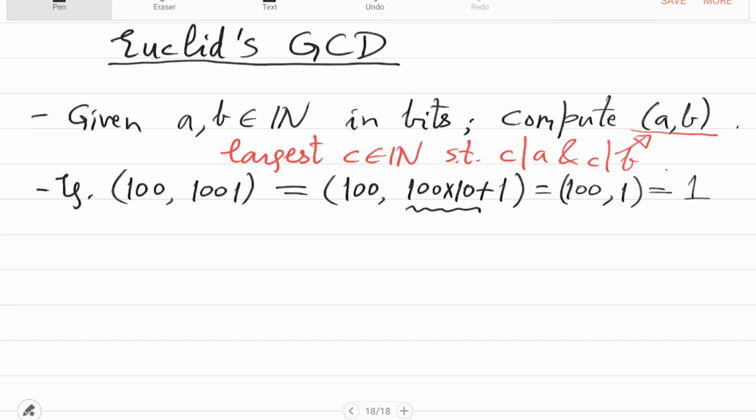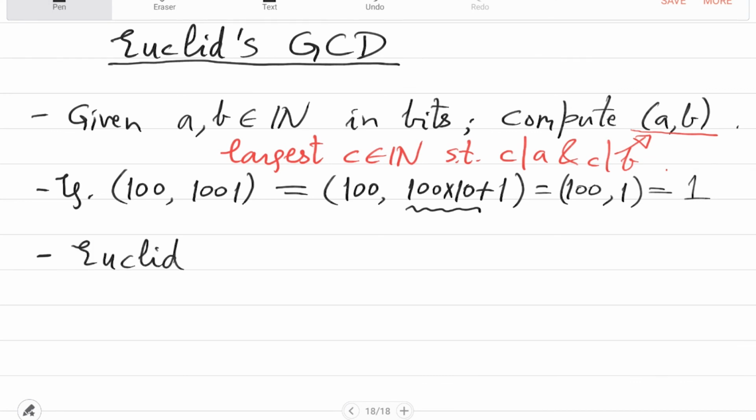So this is the starting point of Euclid's GCD algorithm. It will not try to factor 100, it will just try to divide b by a or a by b. So this is a very old algorithm. It might even be the first algorithm that human beings found, and which is really fast compared to brute force.